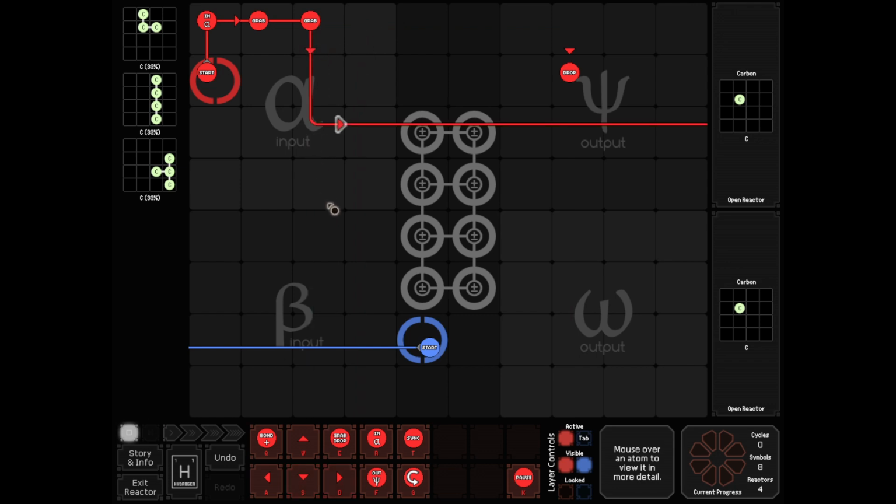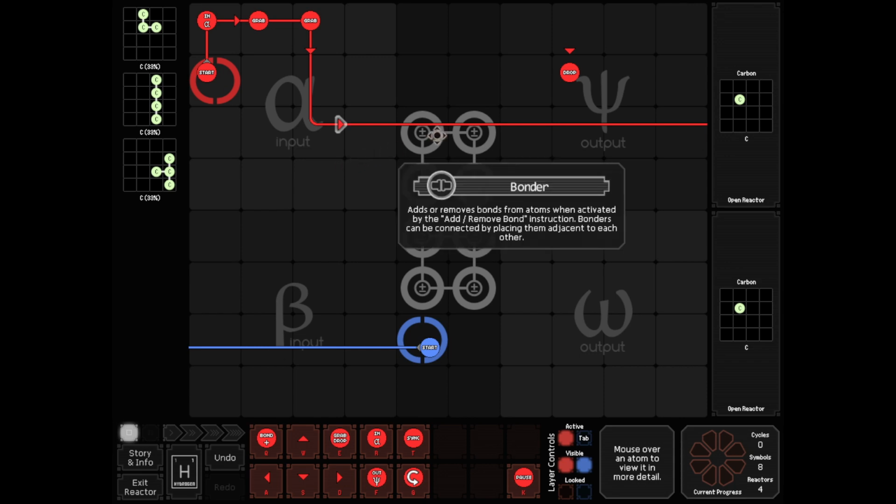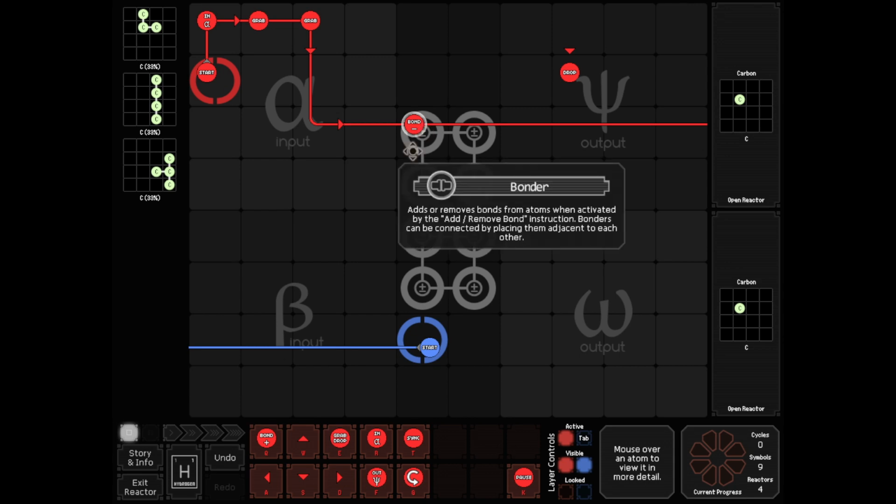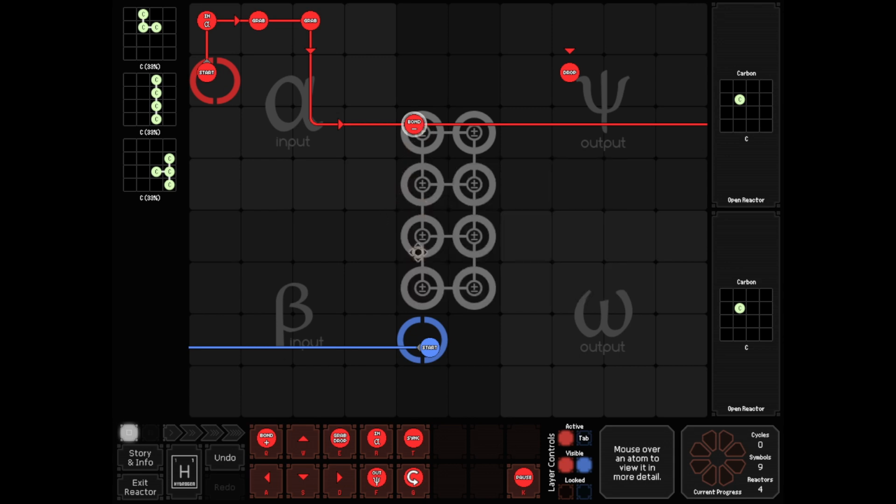Means that if I do this, and then do a Q here, a Q is a bonder. I've now got either 1, 2, 3 or 1, 2. Or I have 1, 2, 3, 4 here.